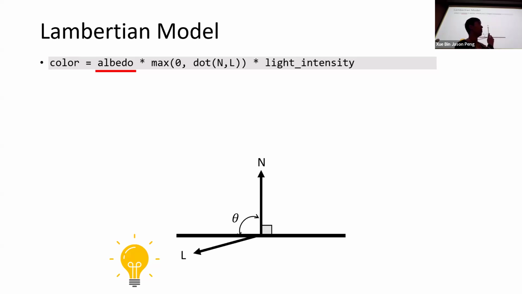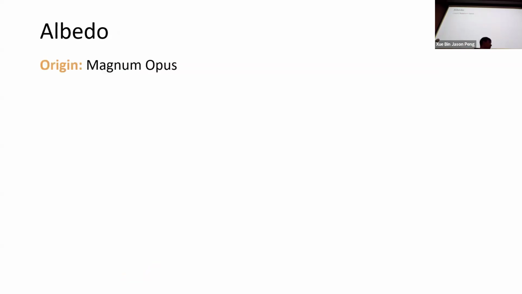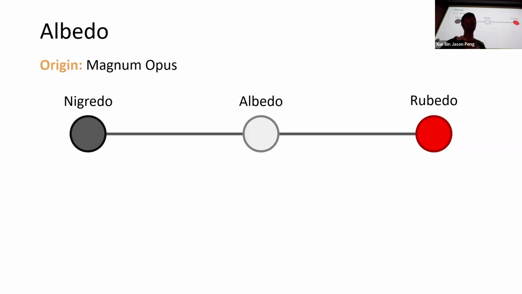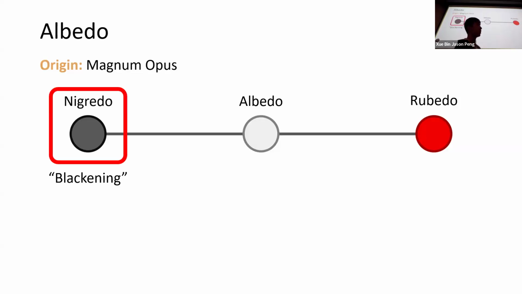So here's a little history of where this term albedo comes from. The term albedo comes from the magnum opus, which is the alchemical process of creating a philosopher's stone. So if you want to create yourself a philosopher's stone, you typically have to go through some different stages. The first stage is called nigredo, which means blackening. So in alchemy, in the first step, your base materials might turn black.